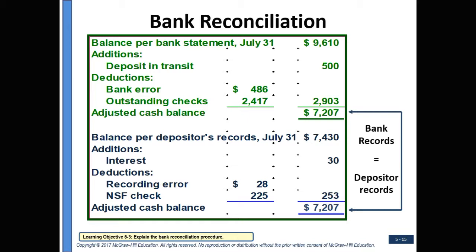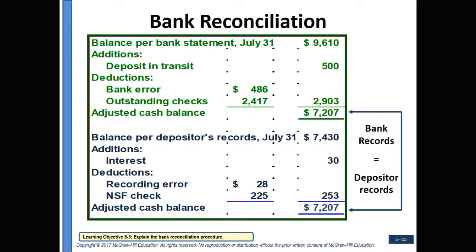The reconciliation for the company's cash ledger account begins with the balance per that account as of July 31st of $7,430. Then we add the $30 of interest that was deposited by the bank because it has yet to be recorded in our books. We subtract the $28 book recording error for check number 781.